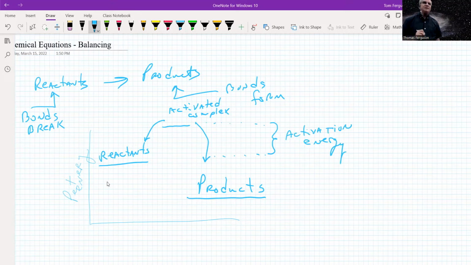That's called the activation energy. Basically, that's the spark. Now, interestingly, if the reaction produces heat, like a fire, it produces its own activation energy. So you don't need to keep putting sparks there.